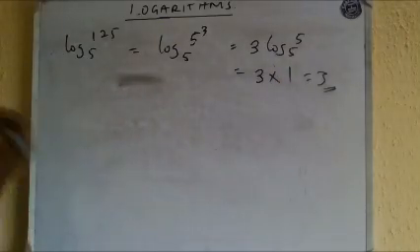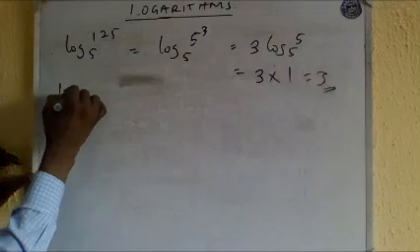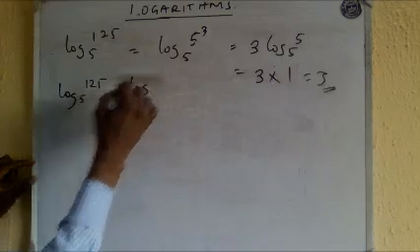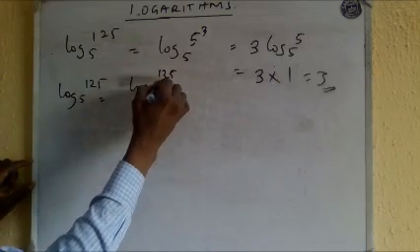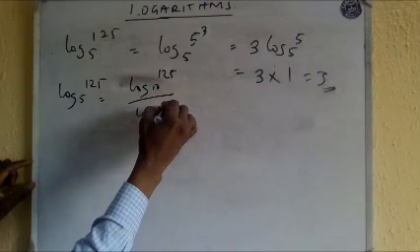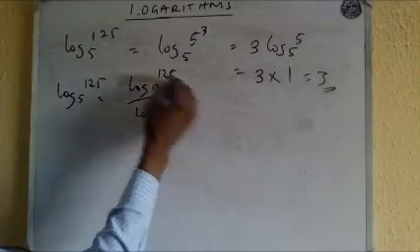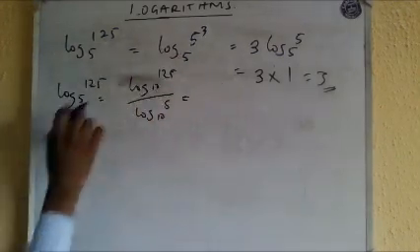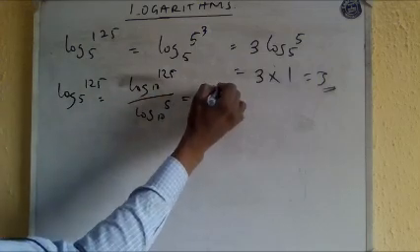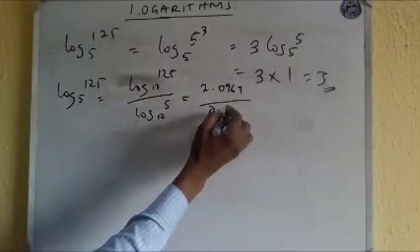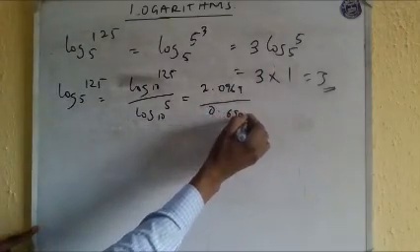Or you can use the change of base. Log 125 to base 5 is the same thing as saying log 125 to base 10 over log 5 to base 10. You can do it that way. And when you use your logarithm table, you get this one as 2.0969 over 0.69897.